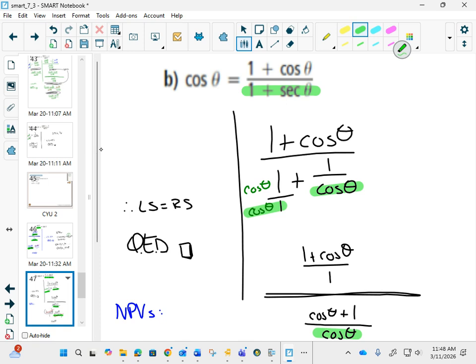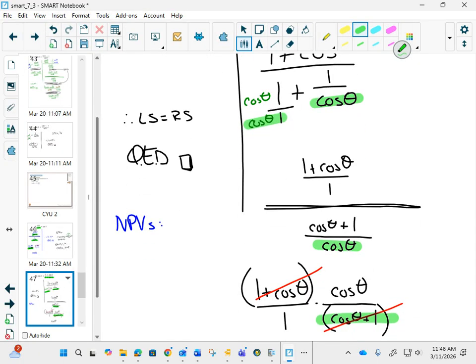If you change everything to sine and cos, you don't have to worry about the secant, cosecant, cotangent ones. They will show up later automatically. So I don't really have to solve 1 plus secant theta equals 0. It will show up later on. So the only places I have dividing by 0, I know that cos of theta can't equal 0. And you have to be careful because you do have to check this one. I also know that cos of theta plus 1 can't equal 0.